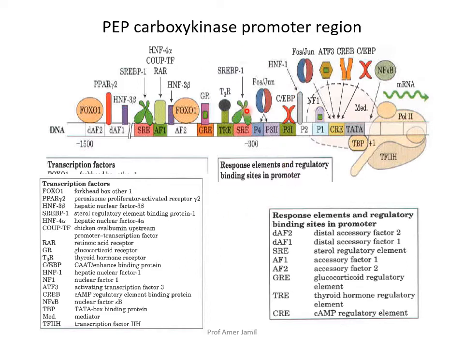So this shows how complicated gene expression is in eukaryotic cells as compared to prokaryotic cells. So you have to look for so many factors which are bound to this promoter region for transcription to occur.